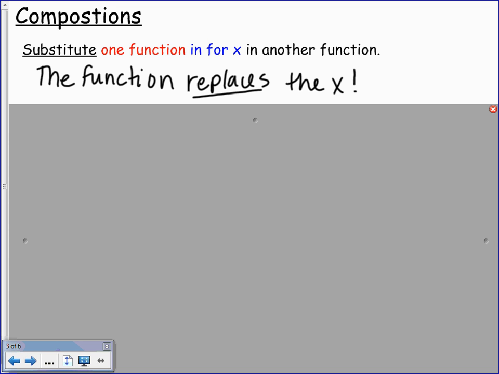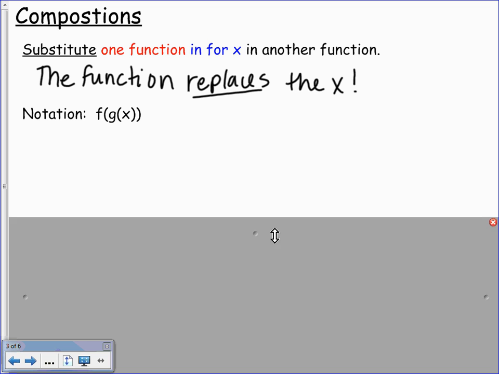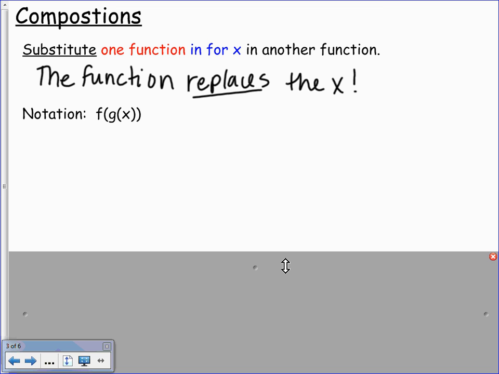Now, there is a new notation that goes along with this, since it's not addition, subtraction, multiplication, or division. It just looks like function notation with a lot of parentheses. So it has two sets of parentheses there. And I read that like I would read a function notation.